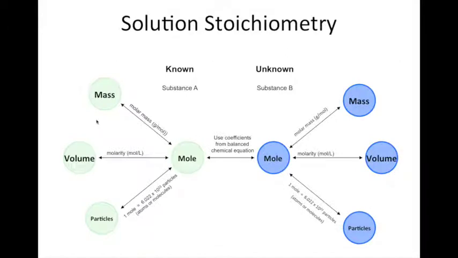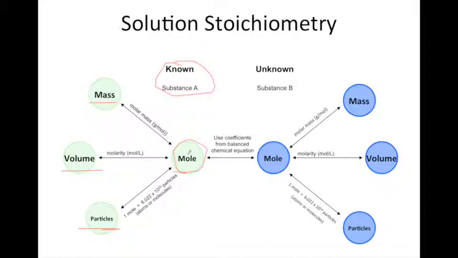Okay. So first, let's look at a general reaction flow chart for any reaction stoichiometry problem. We have some known substance that we're starting with. We may be given the mass of that substance, the volume of that substance, or the number of atoms or molecules. Whatever we're given of our known substance, we must convert it into moles.